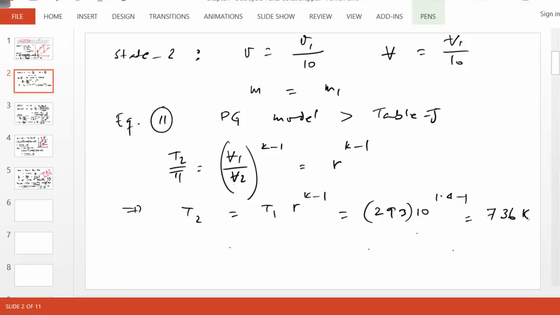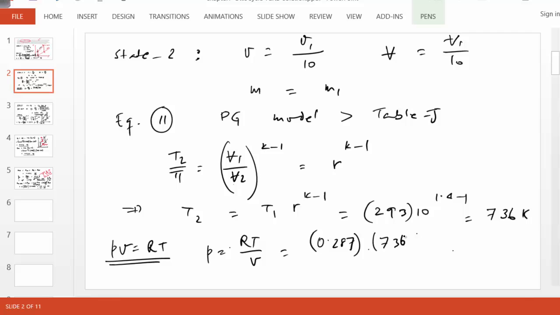And the pressure we can now evaluate, because again PV equals RT, the ideal gas equation applied to state 2 will tell us that P must equal RT over v. R is 0.287 for air. Temperature we just found, and we divide by the specific volume, which is 0.84.